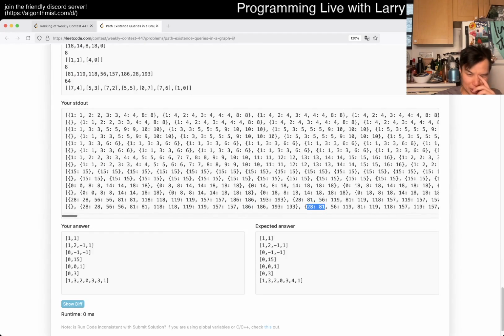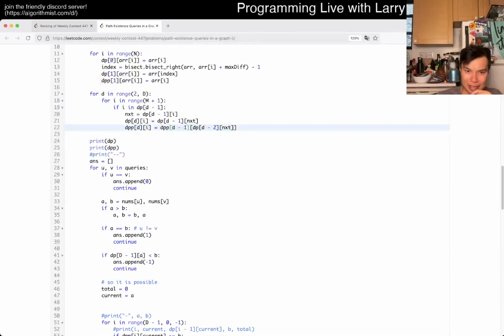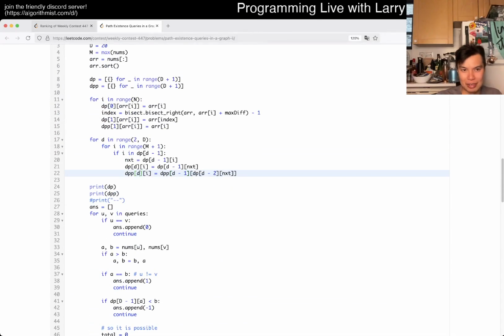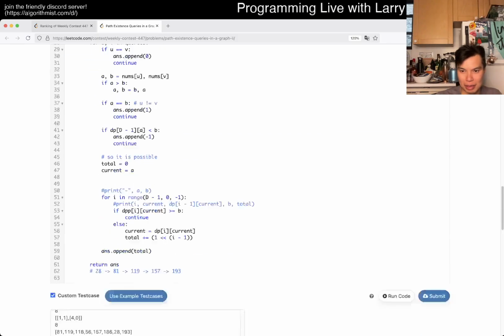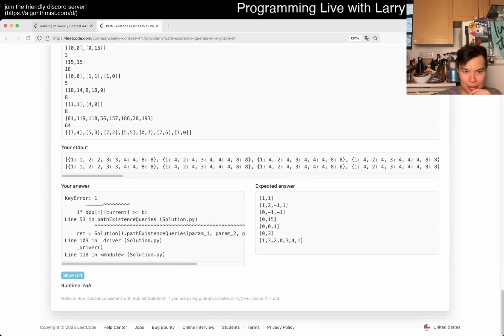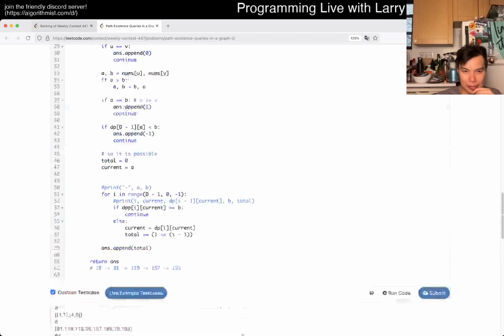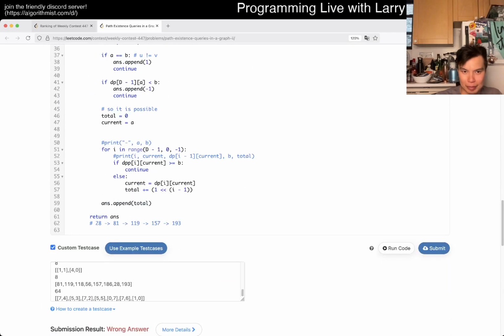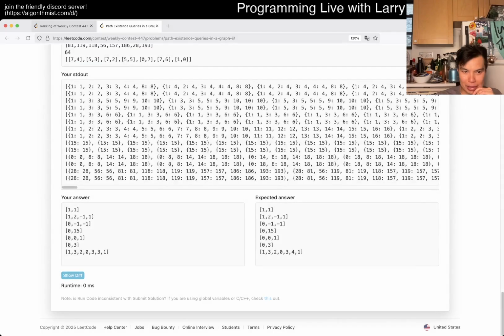Maybe I'm off by 1 in indexing here. Maybe that's why. Yeah, maybe that's why. That doesn't make sense. Okay, maybe that's a little bit better. Okay, it is still wrong in this exact same way, which I guess is consistent, but at least it gets shifted a little bit.